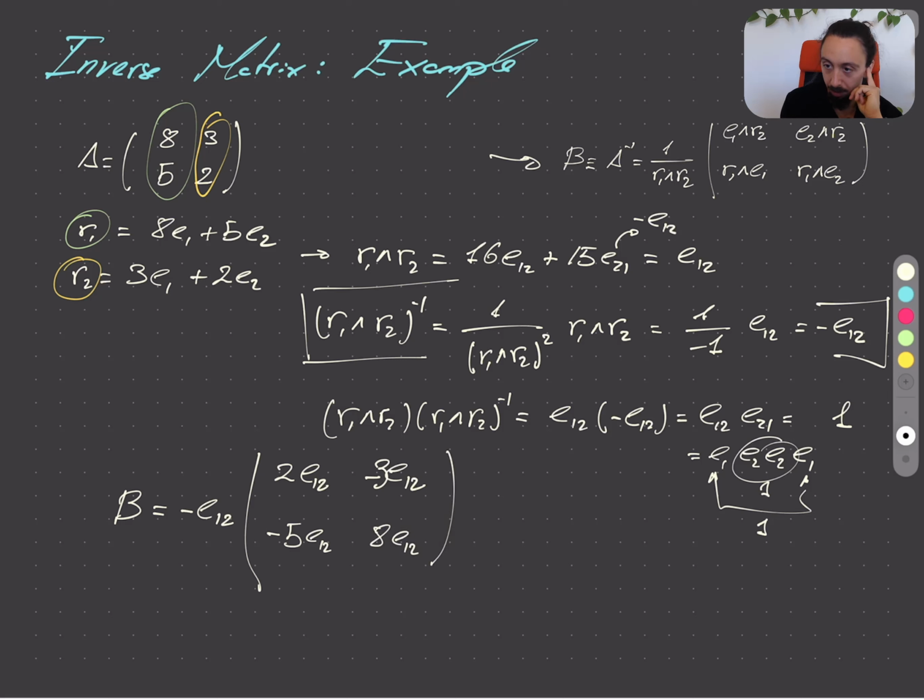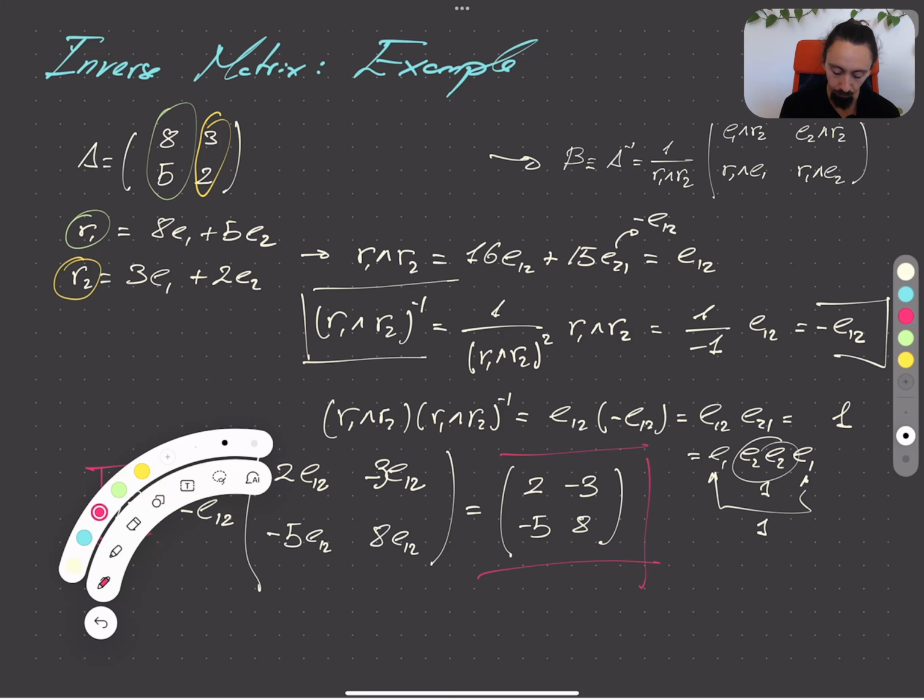And if we multiply now e12 times e12, considering that the square is minus 1, this gives us a minus, with a minus that is a plus. This is minus 3, minus plus, and this is minus 5, and this is 8. And this is, and you can check by yourself with usual inverse algebra techniques, the inverse of the matrix A.